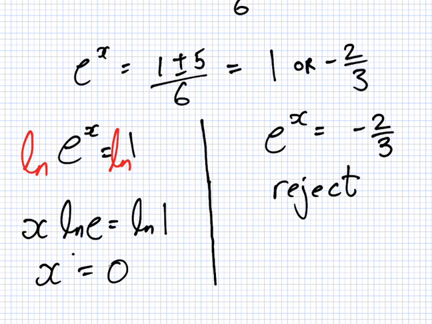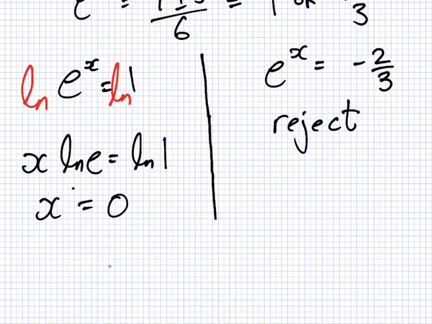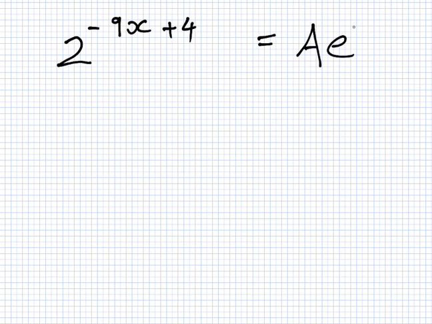Yeah. Now I'm going to show you some very useful results here, and it might be a bit surprising if you haven't seen it before. If I take any type of power function like this, 2^(-9x+4), it's always possible for me to write it in the form a e^(bx).